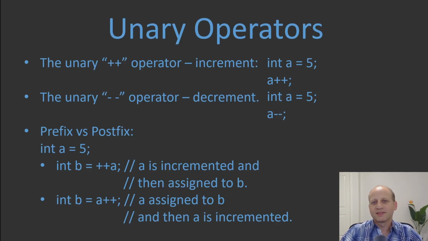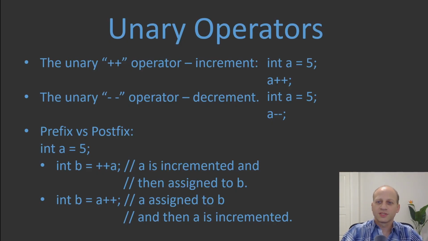But plus plus and minus minus are not just shortcuts. You can place these two operators before the variable or after it, prefix or postfix. When the operator is used as a prefix, the variable first is changed and then the result is returned.